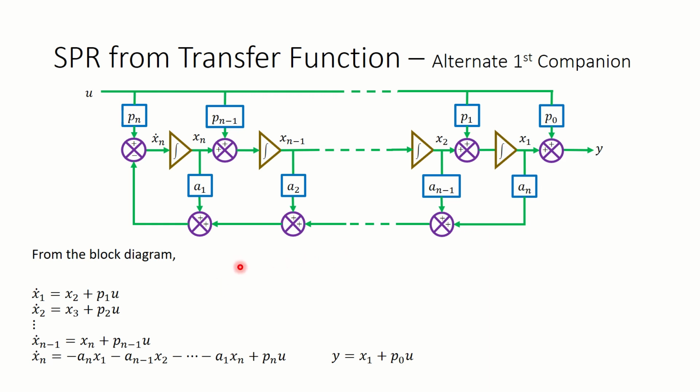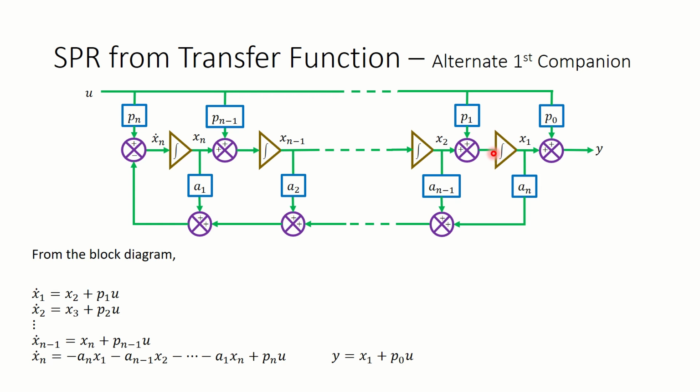So what happens here? Instead of simply x1 dot being x2, x1 dot now is x2 plus p1u. So x1 dot is still x2, but there is also some control input getting directly added to the dynamics. x1 dot becomes x2 plus p1u.